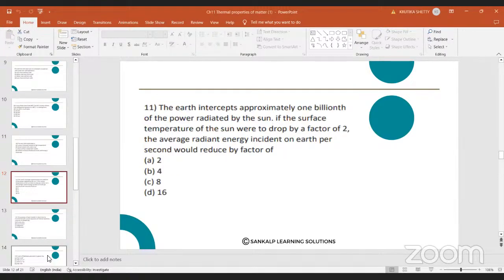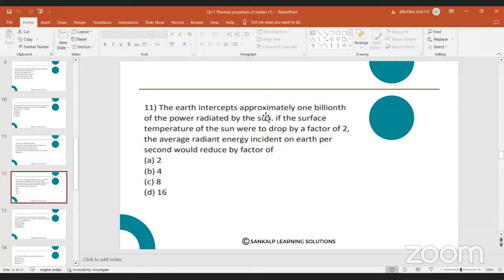Then the next question is, the earth intercepts approximately 1 billionth of the power radiated by the sun. If the surface temperature of the sun were to drop by a factor of 2, the average radiant energy incident on earth per second would reduce by a factor of.